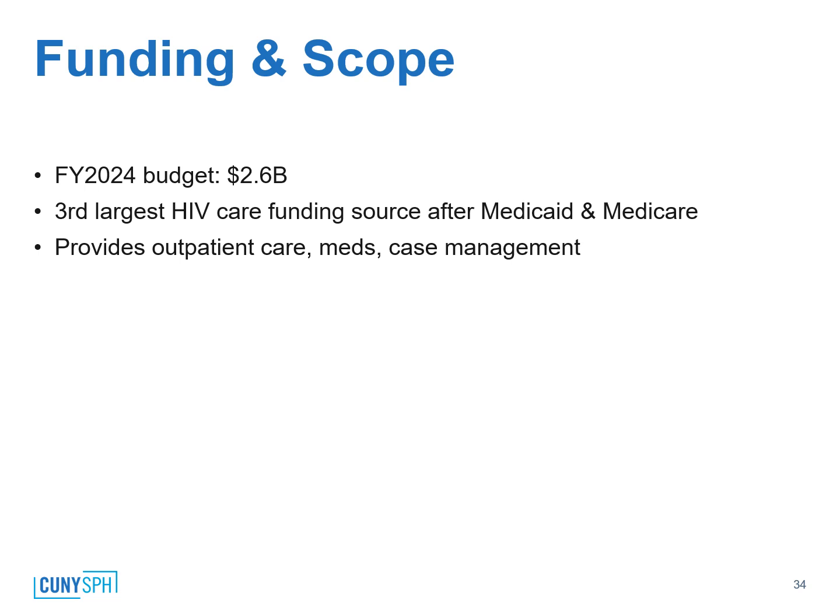In the fiscal year 2024, its budget was more than $2.5 billion, and it's the third largest source of HIV funding outside of Medicaid and Medicare. It provides outpatient care, medications, and funding for case management.